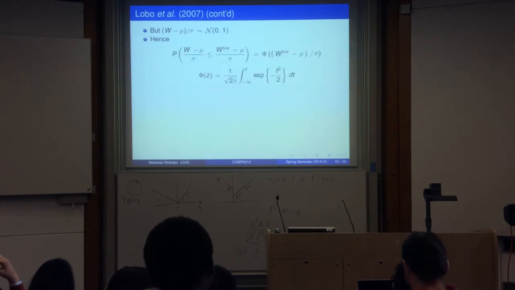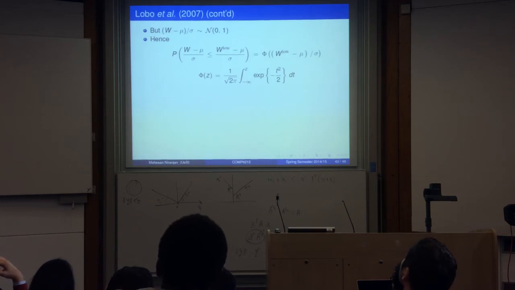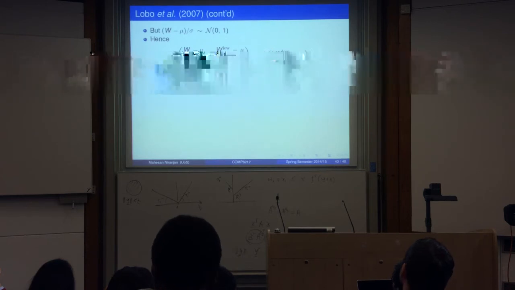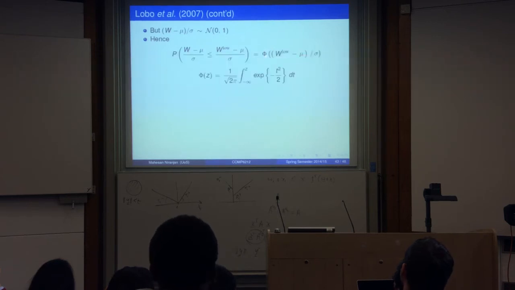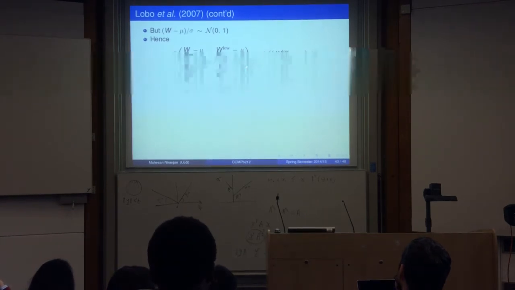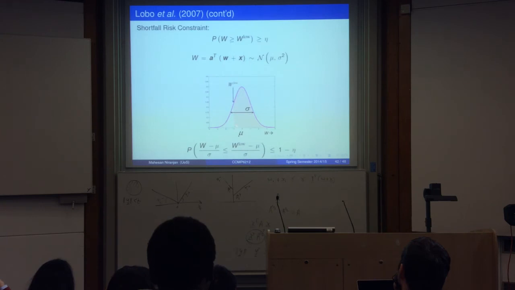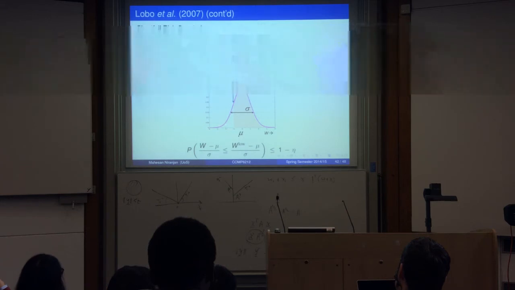So I can write that probability as the cumulative normal distribution evaluated at that number. The cumulative distribution integrated from minus infinity to z, with respect to an auxiliary variable, gives this area.